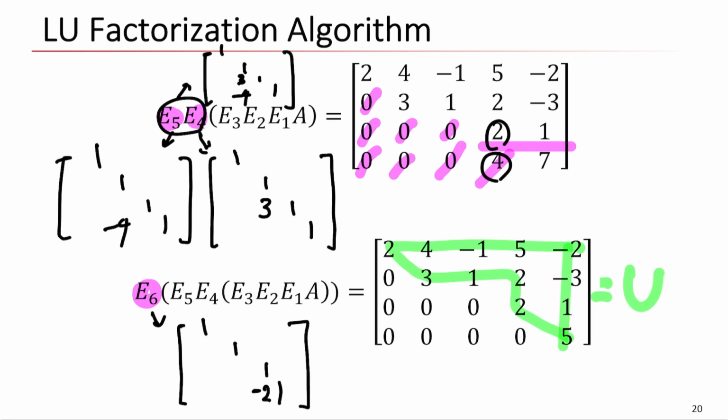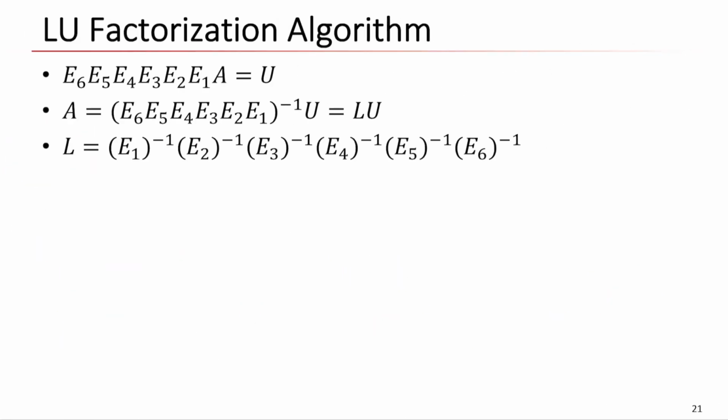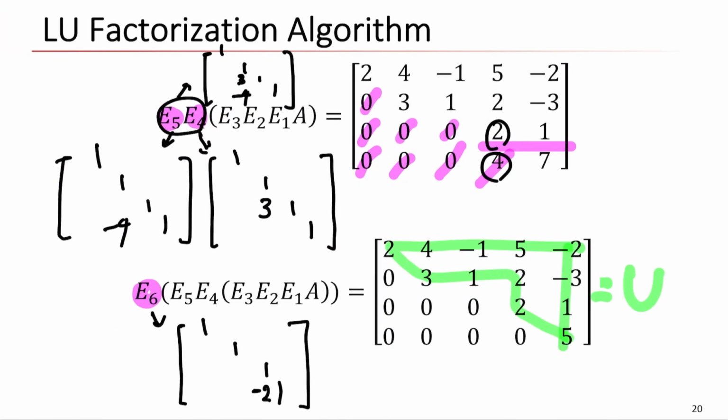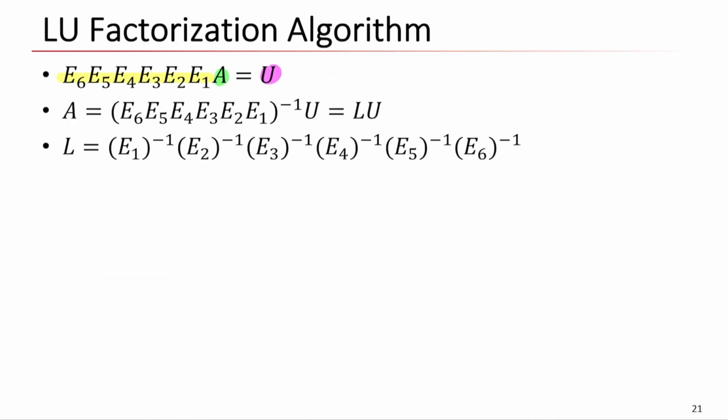Okay, so let's think about the matrix L. E6 through E1 times matrix A is the matrix U, like this, right? Then what is the matrix L?